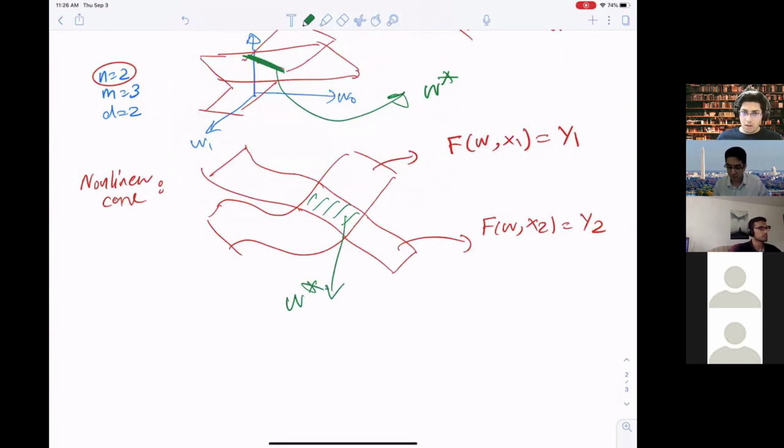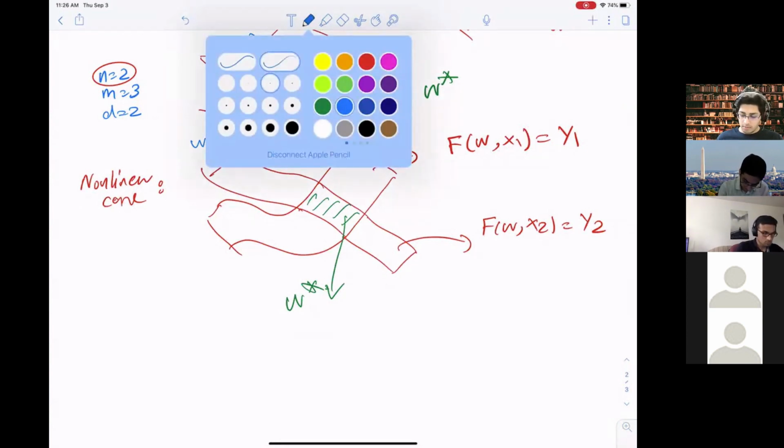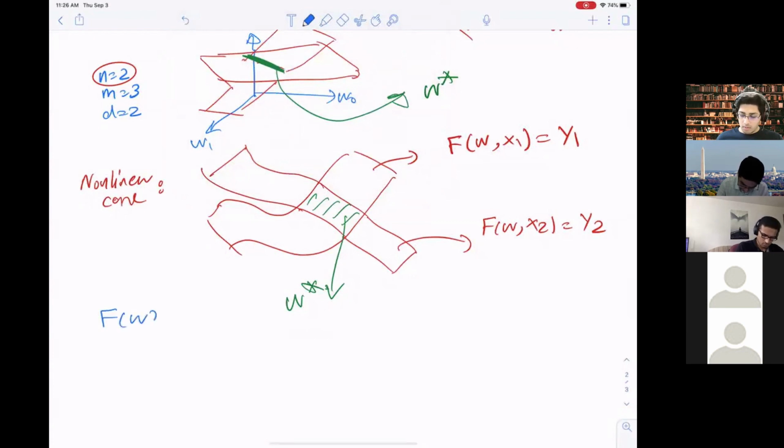I just want to have this feeling about the set of equations that we have here, which is basically f(W) equal to y, and we want to satisfy this set of nonlinear equations.